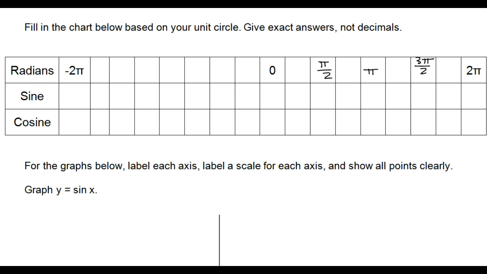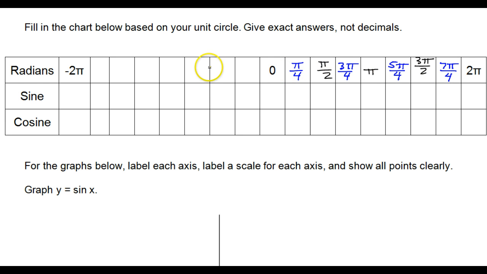Just like we did on the unit circle, if I go halfway to pi over 2, that's pi over 4. So that's 1 pi over 4, 2 pi over 4, 3 pi over 4, 4 pi over 4, 5 pi over 4, 6 pi over 4, 7 pi over 4, 8 pi over 4.